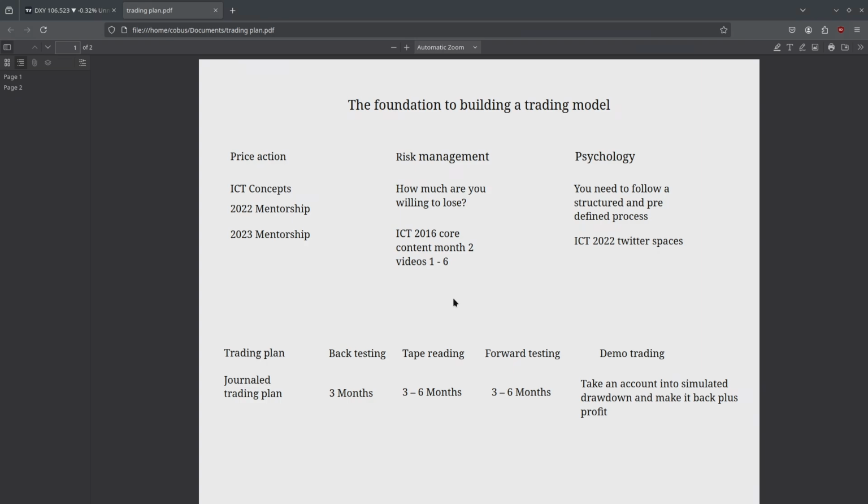What day of the week was it? What time was it? What news events were present on the calendar? What was the higher time frame doing? Did you have high resistance or low resistance conditions?